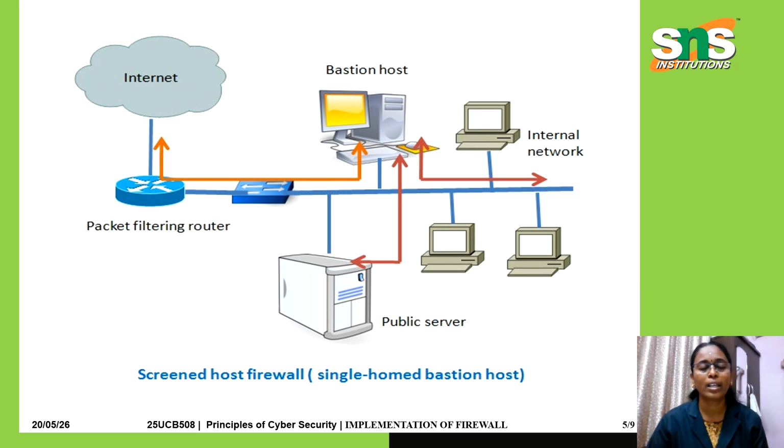It validates the receiver and the sender and also what the data consists of, that is, the packet. When the bastion host is compromised, then the public server and internet will easily get compromised and whatever data is being transmitted will easily pass away. So not that much security is provided, because only one-sided protection is given in the single bastion host.